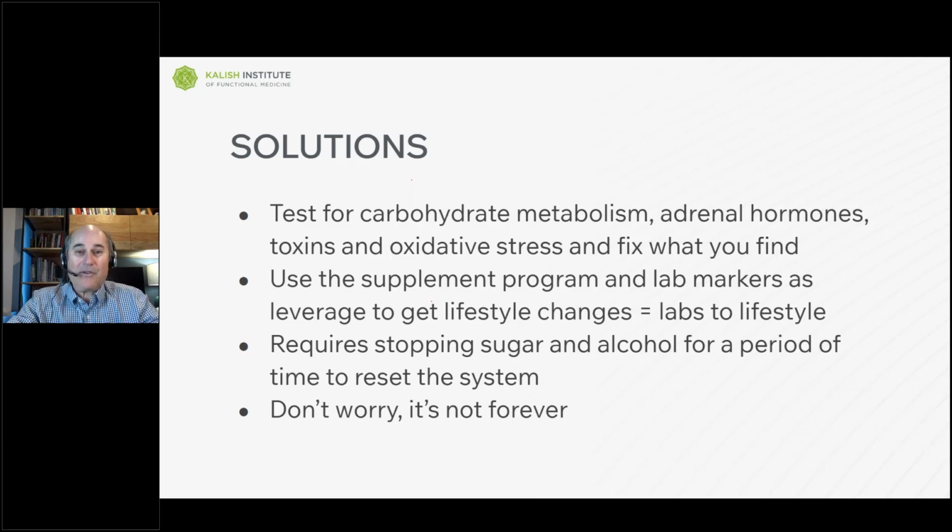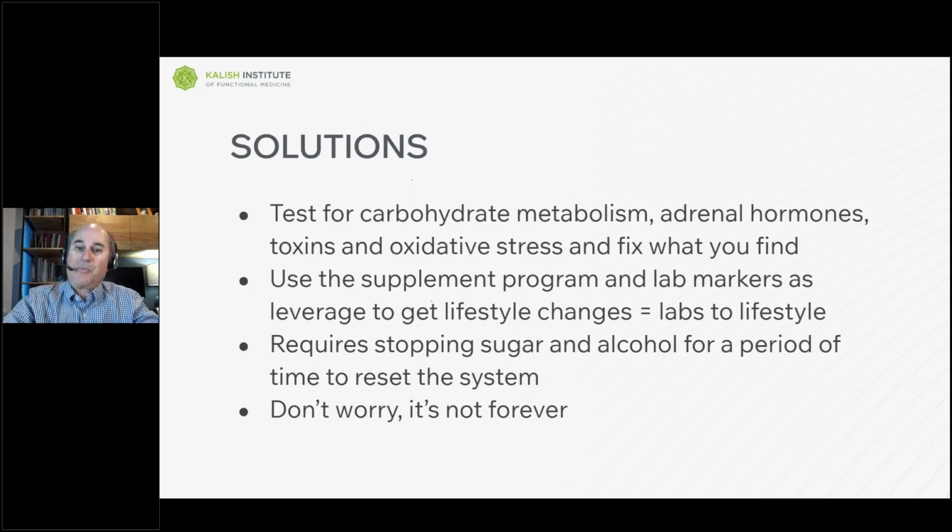So you want to test for carb metabolism. Of course, you also are doing these other labs that we're not talking about today. I'm just assuming you're testing and correcting their adrenal hormones. You're testing and correcting their toxin burden, because that's what's damaging the mitochondria. You're dealing with their oxidative stress. There's a bigger picture here, and we're just honing in on the mitochondrial component of it. Then you're using the supplement programs you're developing, and this is one of my favorite components of the work.